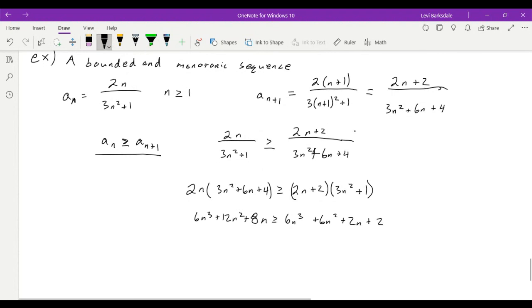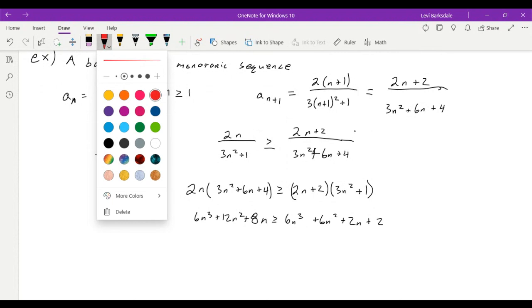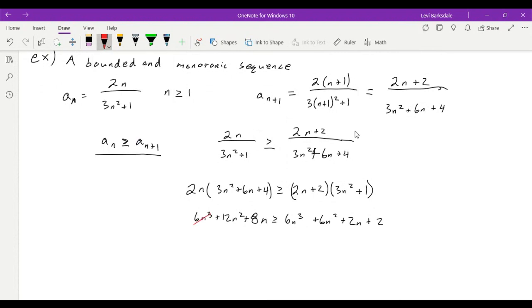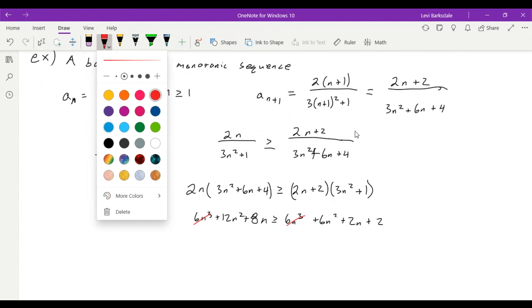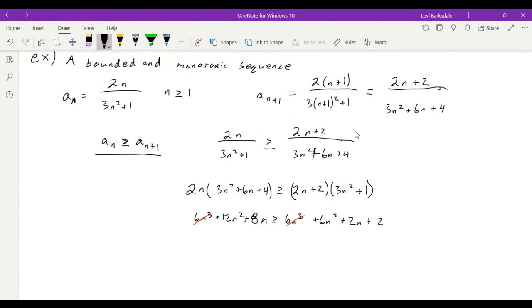And when I cancel things that are common on each side, that cancels the 6n cubed. I can simplify things down to the statement 6n squared plus 6n is bigger than or equal to 2. And I know that this is true because I specified at the very beginning the sequence is only valid where n is bigger than or equal to 1.